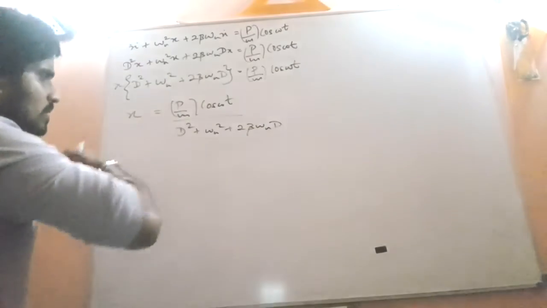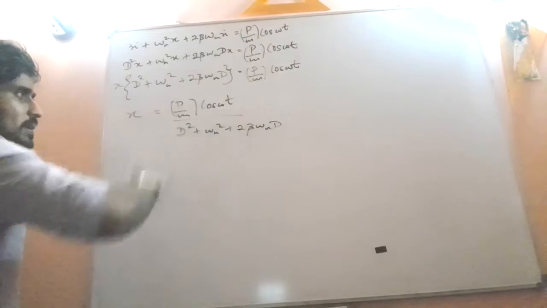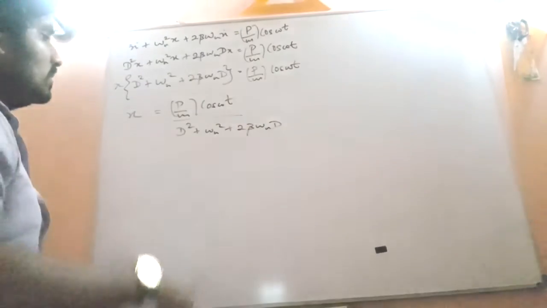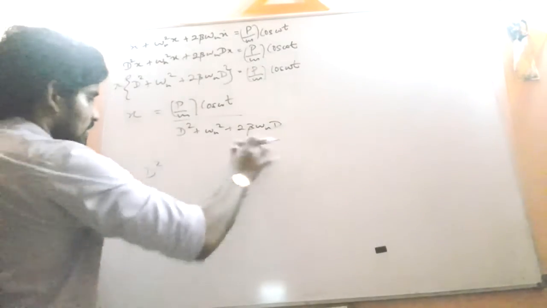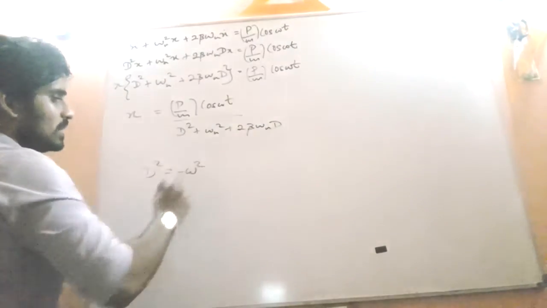So what is the coefficient of the time variable? Omega, right? According to the technique, replace D squared terms in the denominator by putting minus omega squared.